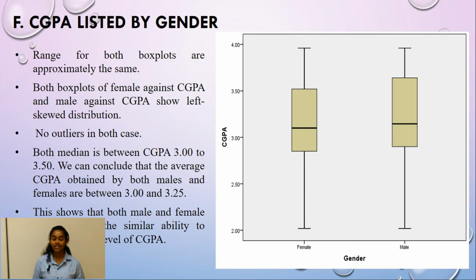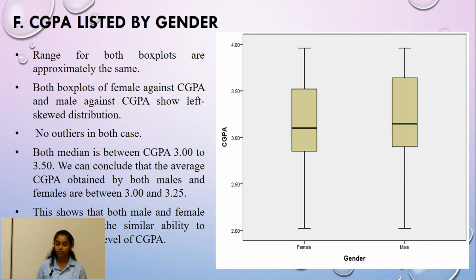Next is CGPA listed by gender. From the box plot, we can explain that the range for the box plots are approximately the same. Box plots of female against CGPA and male against CGPA show a left skewed distribution. There are no outliers in both cases.